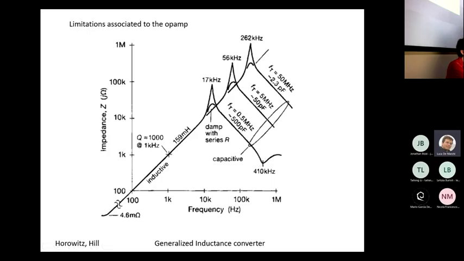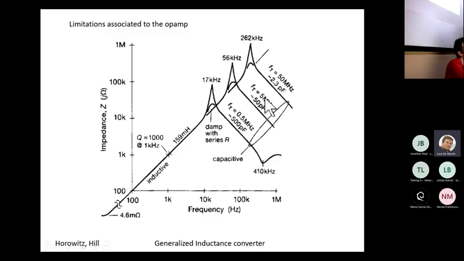So, for example, if the cutoff frequency of the op-amp is around 0.5 megahertz, then you see that the inductive behavior of the Antonio circuit is valid just up to this relatively low frequency, 70 kilohertz. After this frequency, in which we have a sort of resonance, we have paradoxically a capacitive behavior. So the impedance decreases with increasing frequencies.